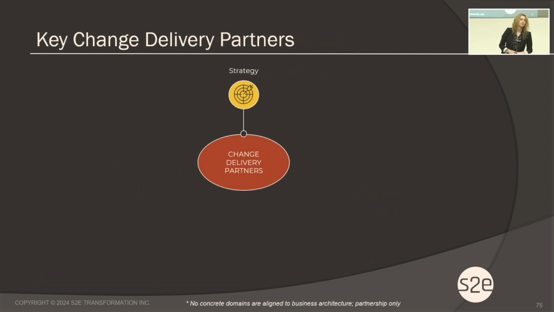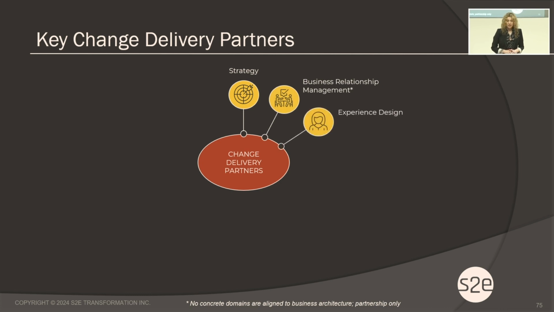So for example, strategy teams, business relationship management, experience design, and you hear me refer to that different ways. When I say human-centered design, I mean the bigger bucket of experience design, service design, UX design. I call it experience design because it may not be just for customers or constituents. It should and may also be for partners and employees.